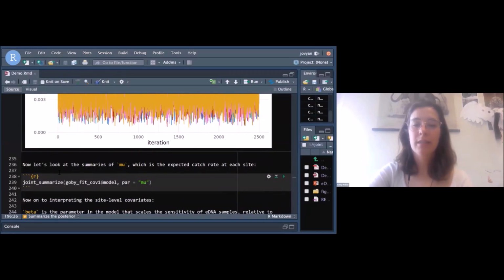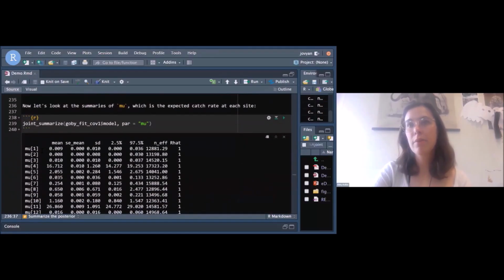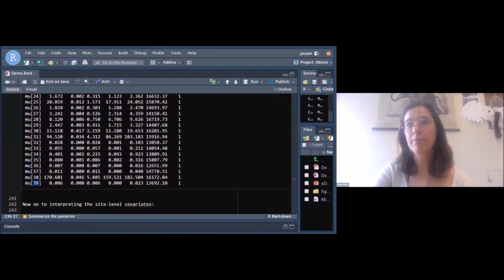Okay, so we just looked at the parameter for P10, and now we're going to look at the posterior summaries for mu. This is the expected catch rate at a site, our species density at each site. That is this unobserved latent state that both the eDNA and traditional observations are mutually informing. We have an estimate of mu for each of our 39 sites, 1 through 39.